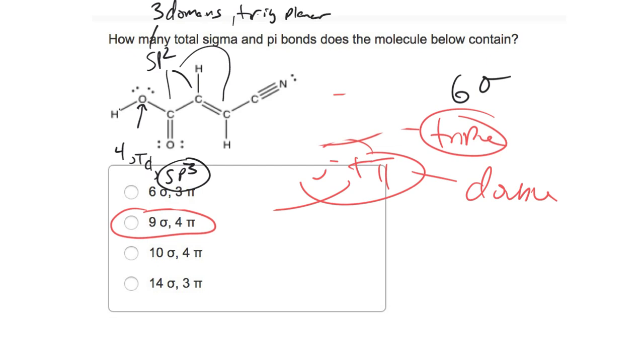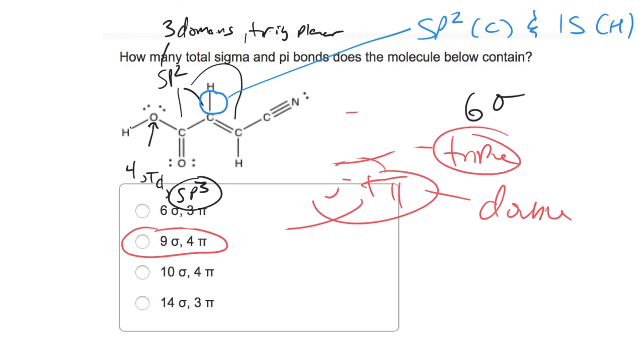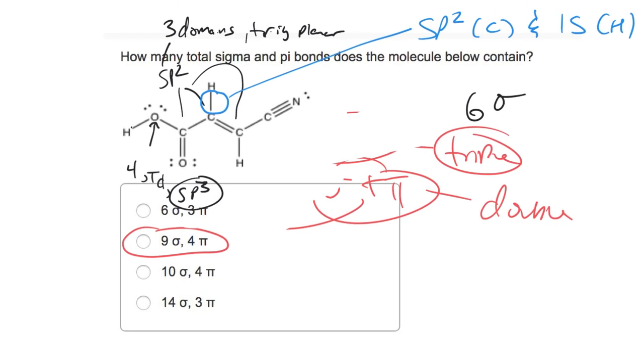So sp2 is just the bonding model for trigonal planar molecules so that we can see orbital overlap between the bonds. If we were asked to describe what is comprising this bond here, we'd probably say that it's the sp2 orbital of carbon and the 1s of the hydrogen overlapping with each other. So that bond would be sp2-1s overlap.